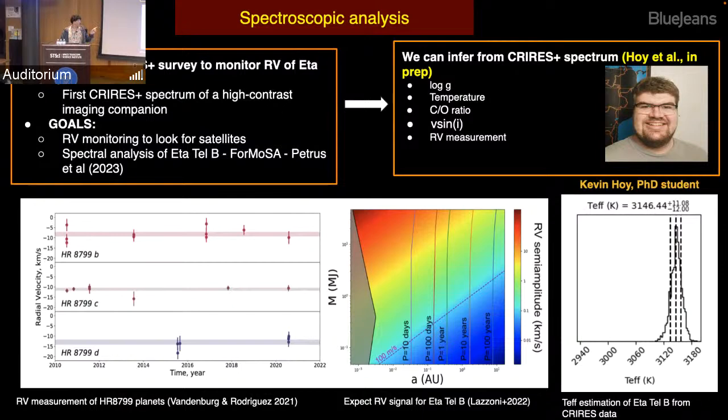With the RV diagnosis, we can see if something is perturbing the planet. In the bottom middle plot, we can see what would be the expected RV signal for Eta Tel B. And we have preliminary results on the spectra, so we have the temperature of the companion.